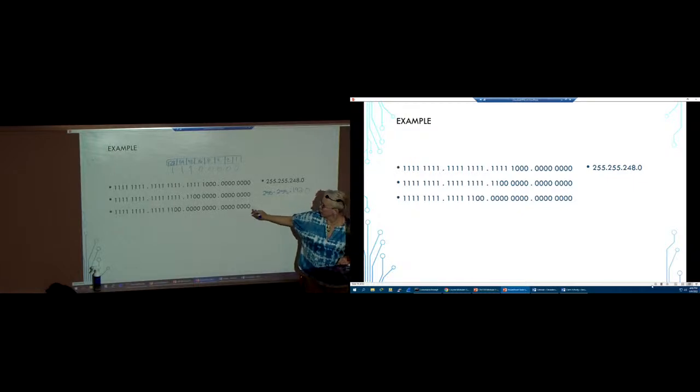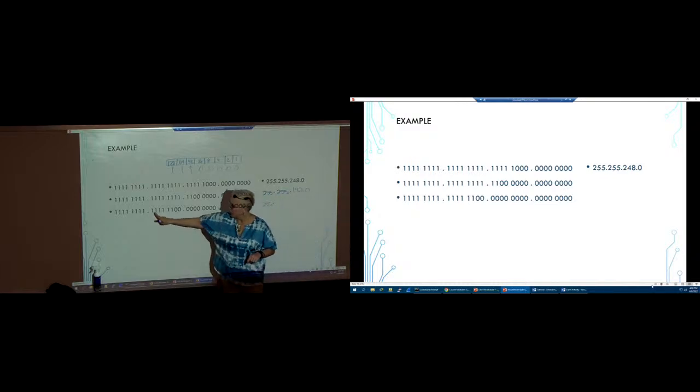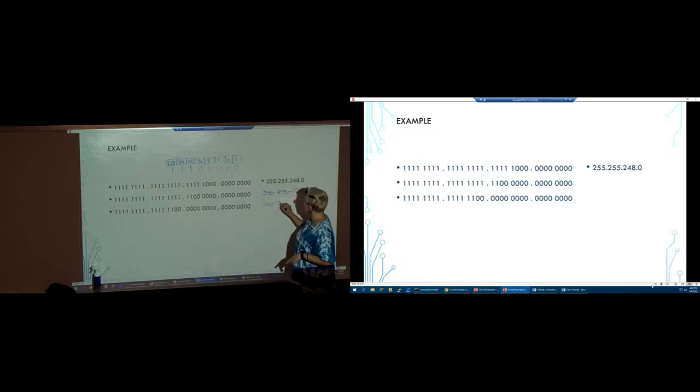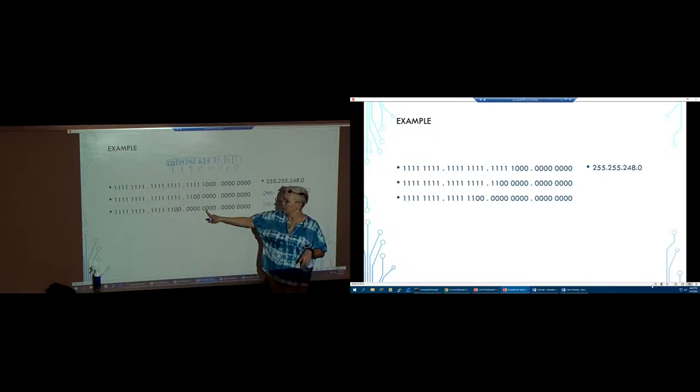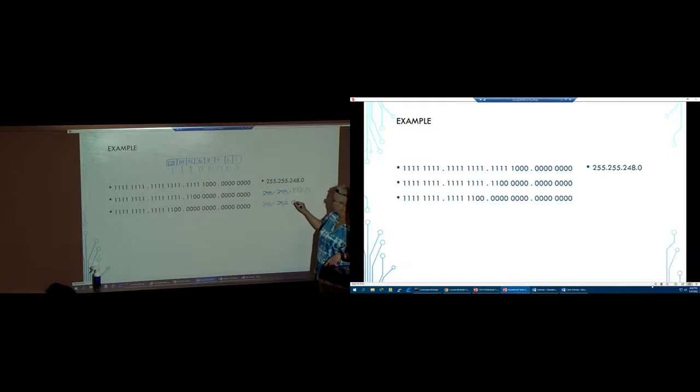So what's the first octet? 255. And then here, we know that when the first 4 are on, that's 240 plus 8 plus 4 is 12. So what have we got? 252. And then 0.0.